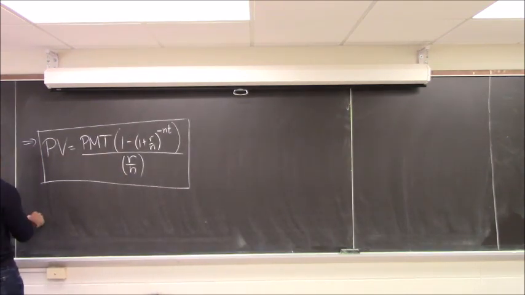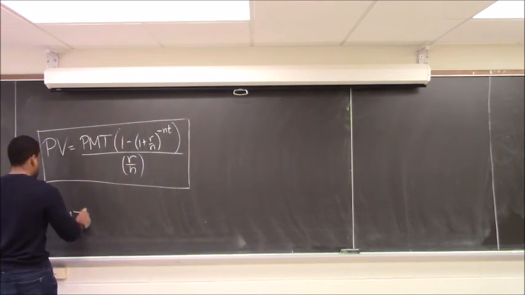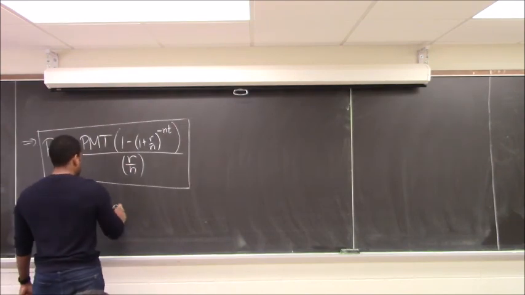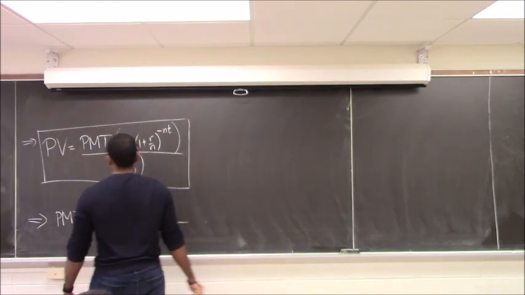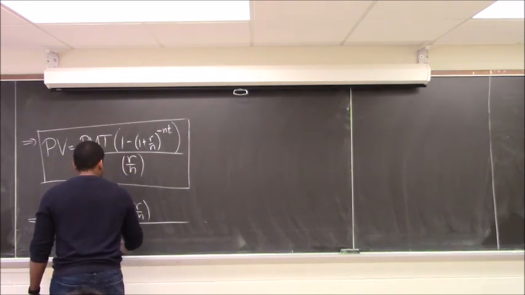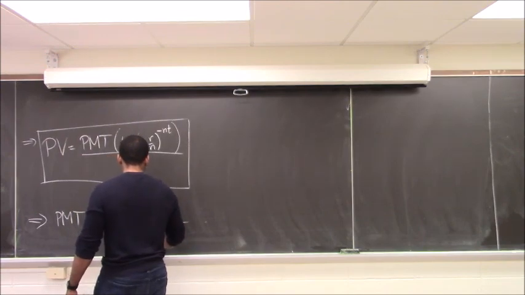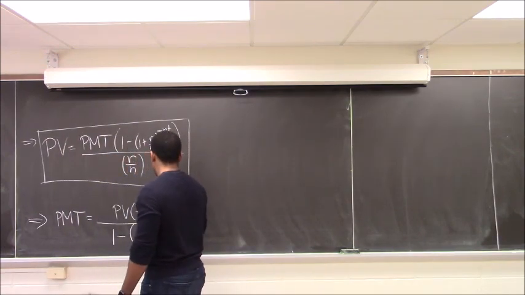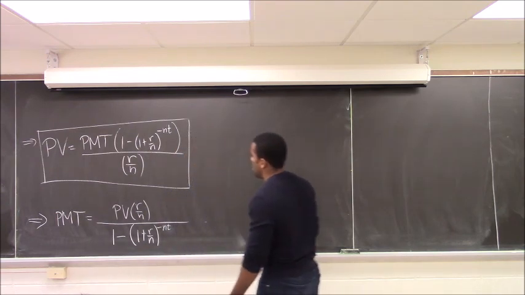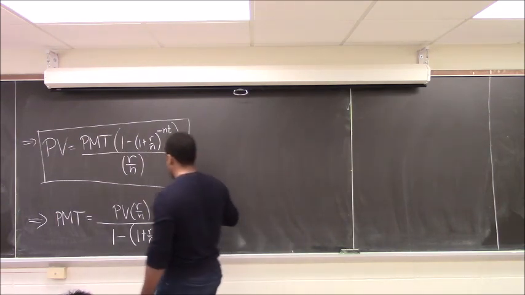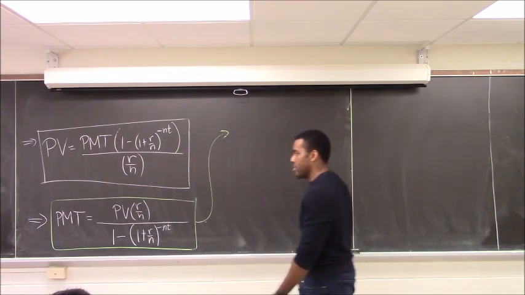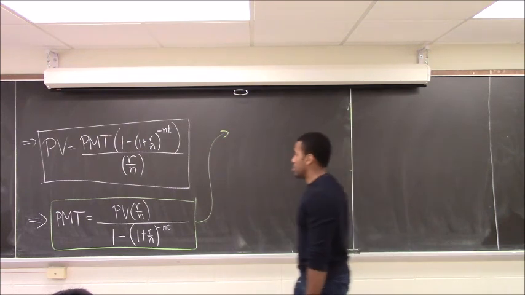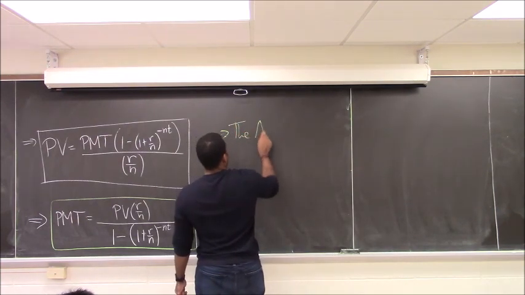And if we solve for the actual payment, we get PV times R over n over 1 minus 1 plus R over n to the minus nt. And this guy has a name when you write it in that form. Just like how the other guy, we gave it the name the sinking fund formula, this we're going to give it the name the amortization formula.